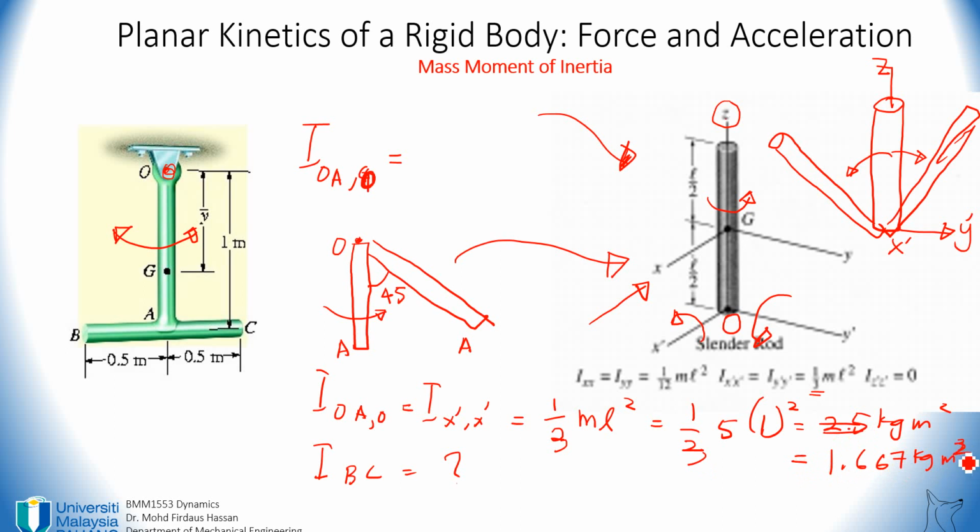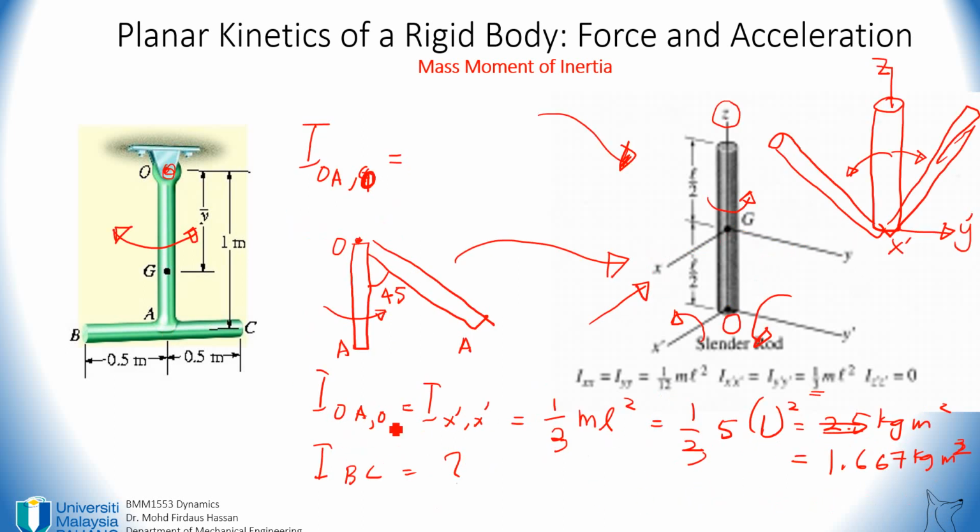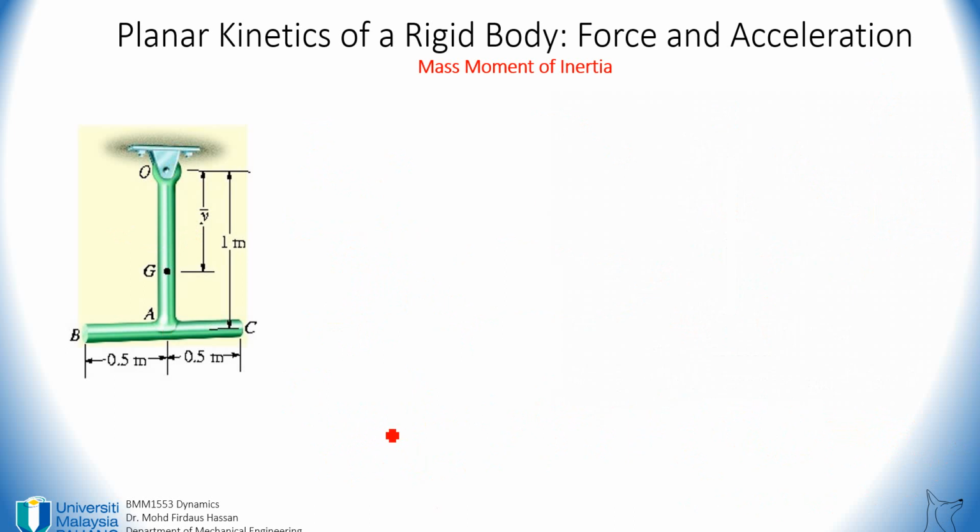meter square. Okay. Alright. So now you have to combine these two mass moments of inertia, I BC at O and I OA at O. We call it I pendulum.